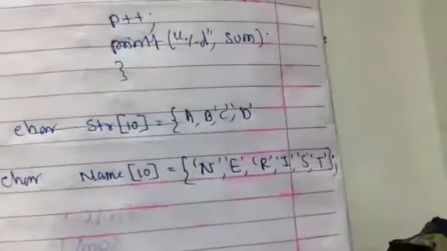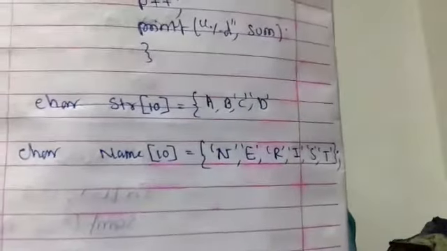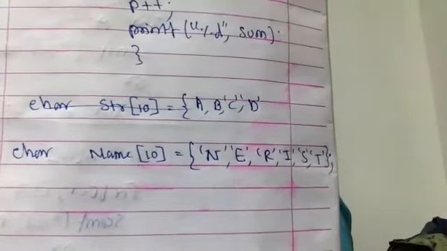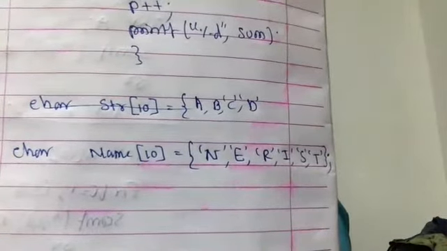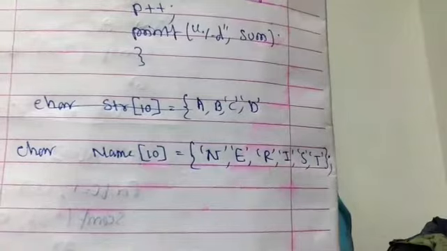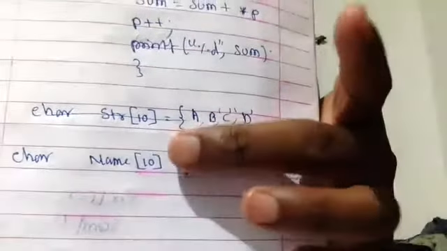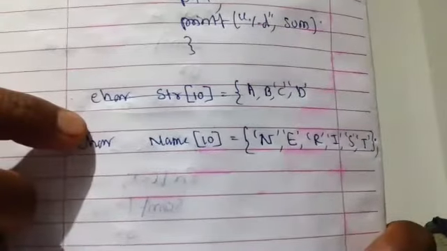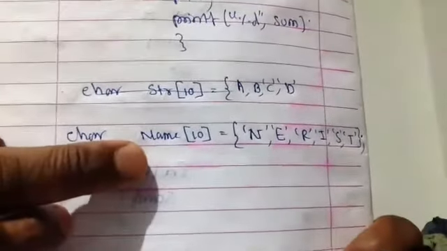In this example, I declare a character array, and this value is a constant, like I have shown in the array case. This array of characters, I define it as a character. What is the array name?